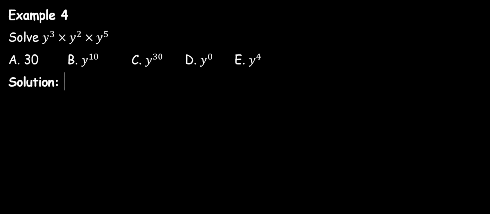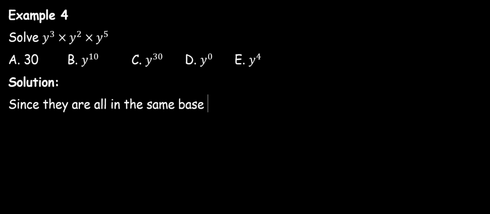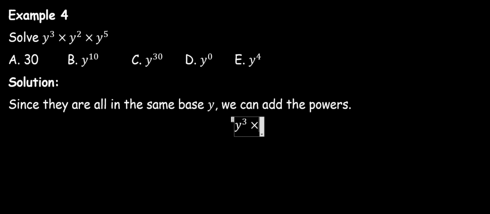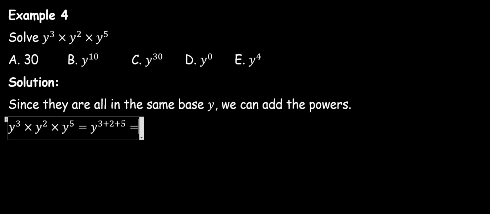Solution. Since our problem is in the same base y, we can add the powers. Thus, y raised to power 3 times y raised to power 2 times y raised to power 5 is equal to y raised to power 3 plus 2 plus 5, which is equal to y raised to power 10.